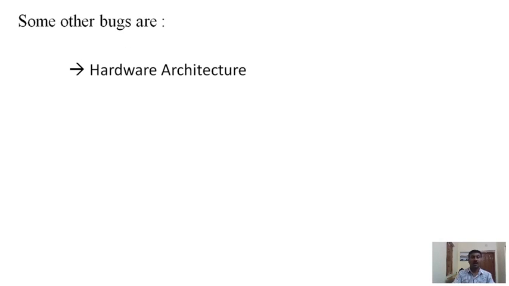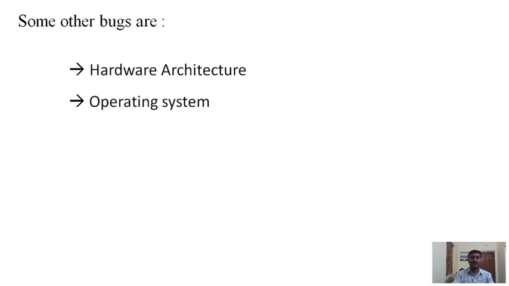Other than this, we have some other bugs as well. Those are hardware architecture bugs. When you develop any hardware architecture, if the architecture contains any bugs, then the hardware may contain errors. Those come under hardware architecture bugs.